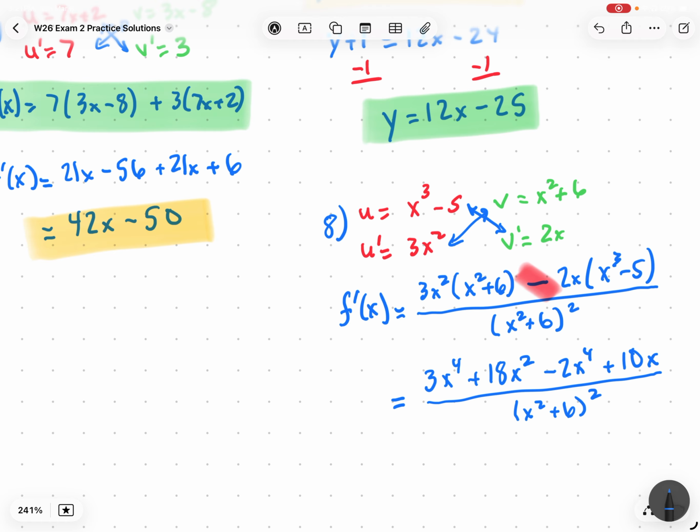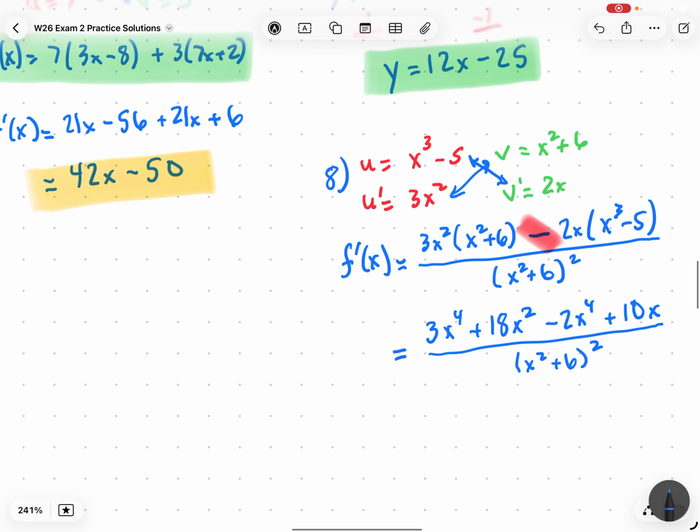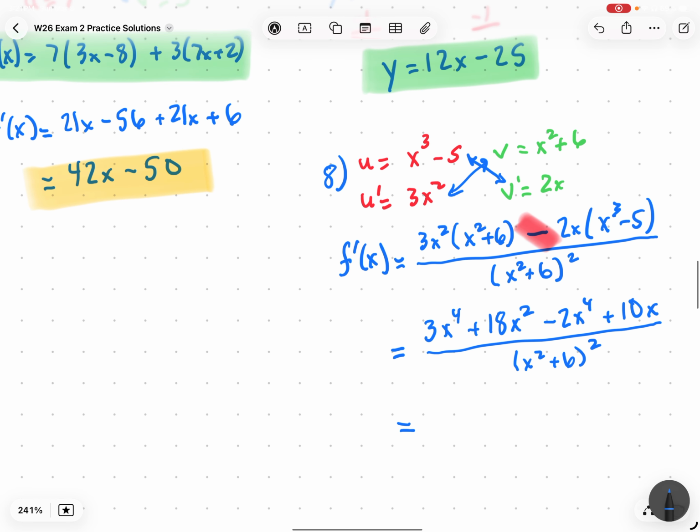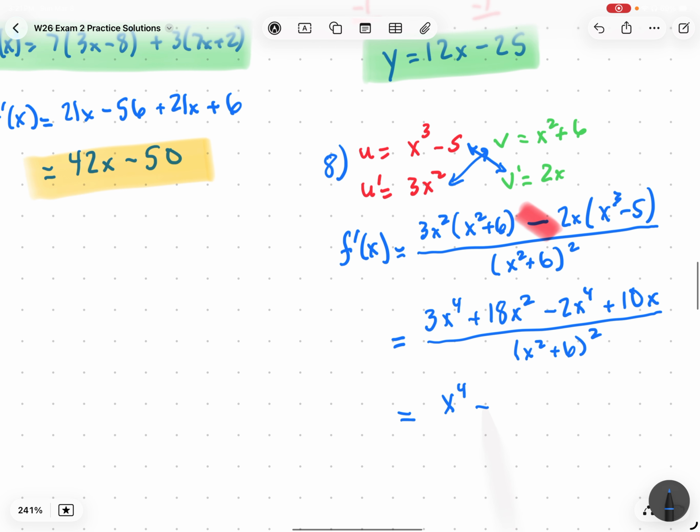Now we've got that set up, and then we can go ahead and just combine some like terms on the top here in the numerator. So my final answer that I would probably write would be 3x to the 4th minus 2x to the 4th. That's just x to the 4th. And then I've got the plus 18x squared and the plus 10x.